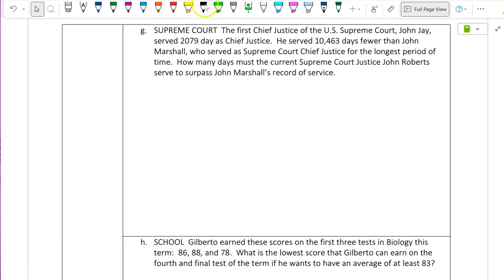So they don't tell us what John Marshall's record of service is. So we're going to let x equal John Marshall's service.